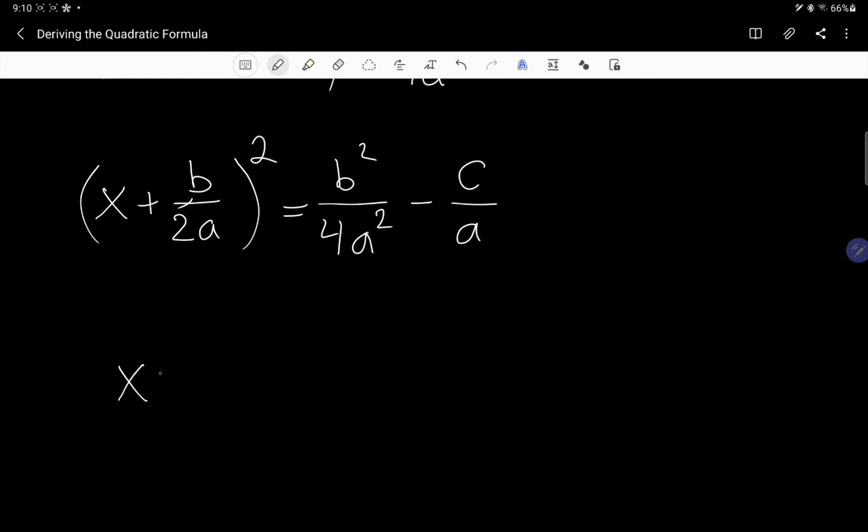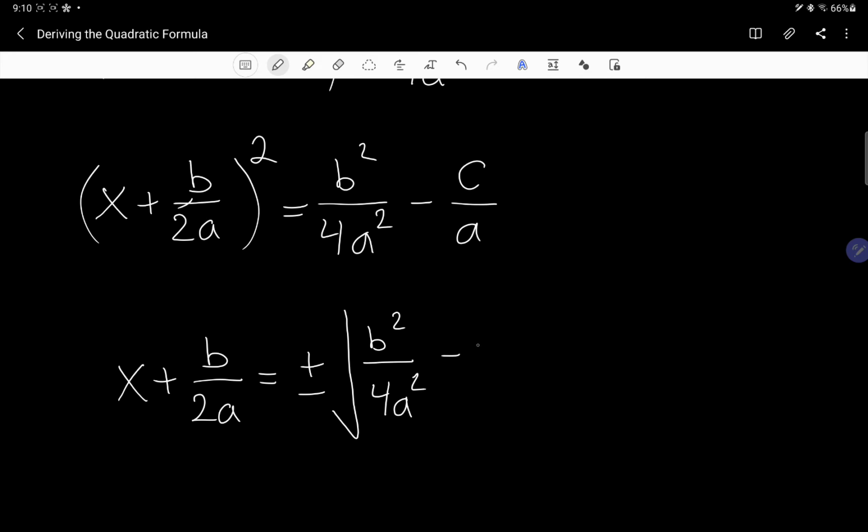So x plus b over 2a is equal to plus or minus, can't forget that when taking a square root, plus or minus the square root of b squared over 4a squared minus c over a.